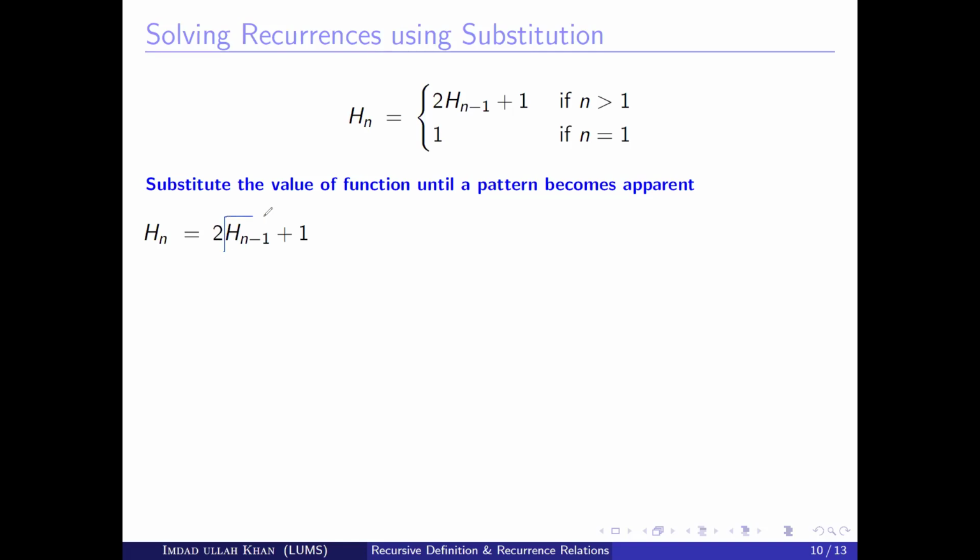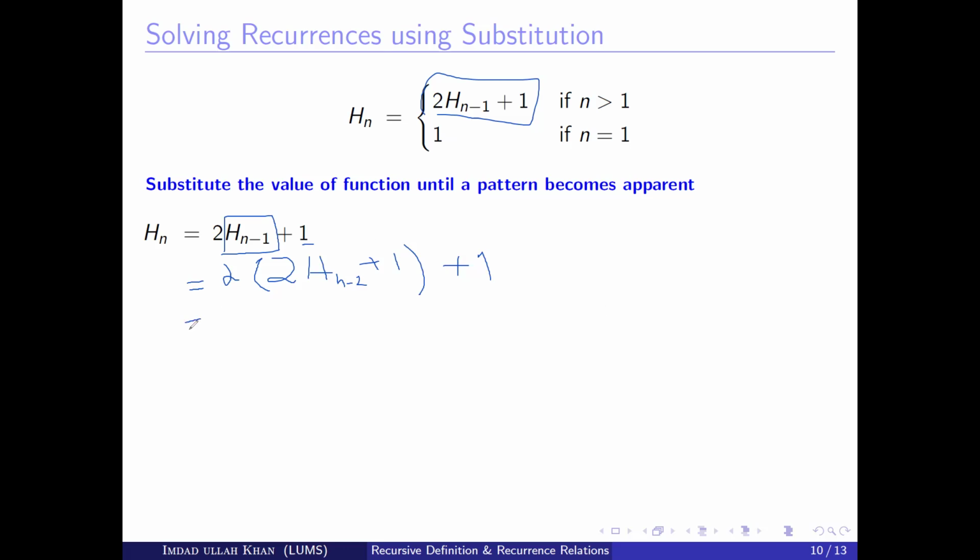So when we substitute the value for hn minus 1, we are now going to substitute something over here. This gives us 2 times, so the outer 2 remains there, and we just use this formulation here. This gives us 2 times hn minus 2 plus 1. And then we have this previous one as well, which was here, right?